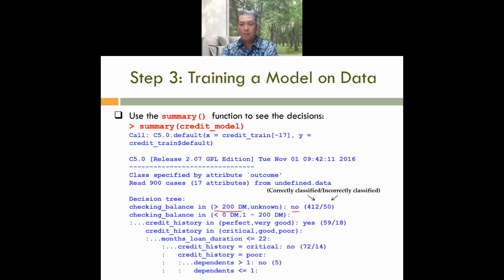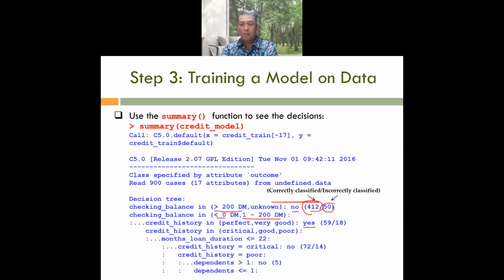But if your checking balance is less than zero, or between 1 and 200 Dutch money, and your credit history is perfect or very good, then you are likely to default. So this one tells you this is correctly classified, this is incorrectly classified.